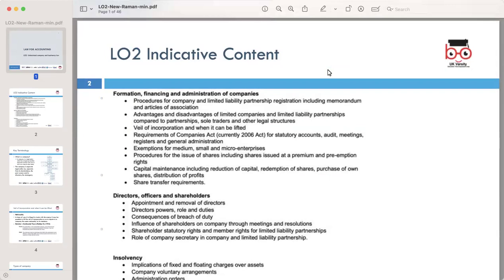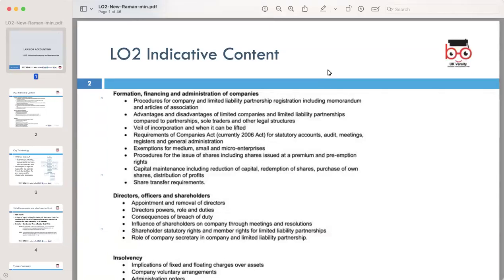I hope you both know about these terms, because they are very important, especially if you have already studied mercantile law or business law in your bachelor degree or in your ACCA qualification. I also hope you know very well about the Companies Act 2006.